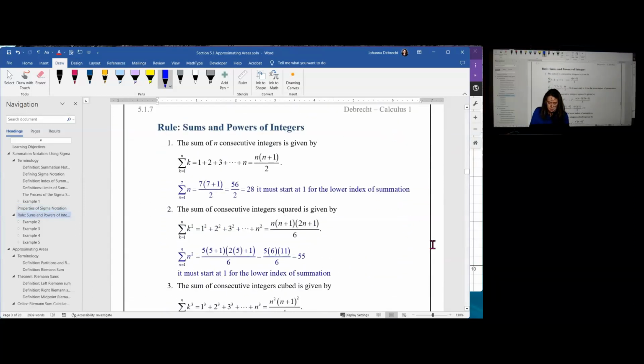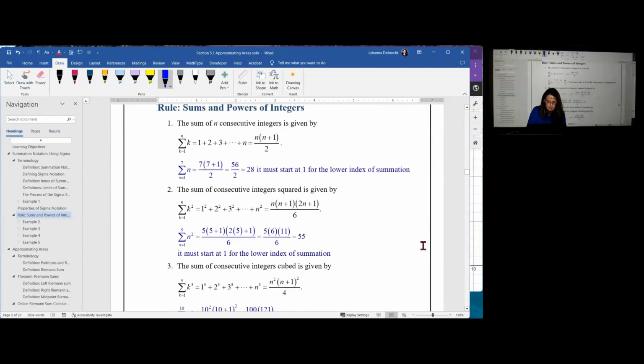Let's now look at some more rules on sums and powers of integers. If k represents an integer, and it would because it's the index and we're iterating by 1, then the sum from k equal 1 to n, a finite number, of just the index, which will give us 1 plus 2 plus 3 up to whatever n is, like our example of adding all the digits from 1 to 20.